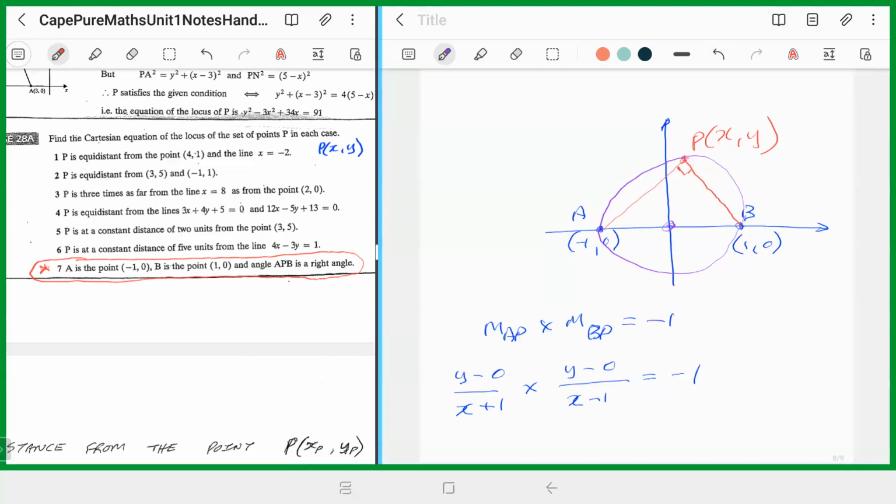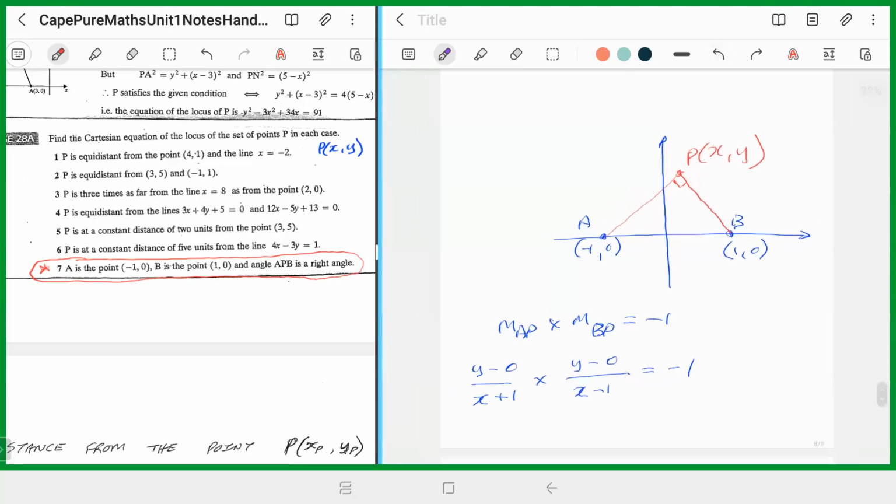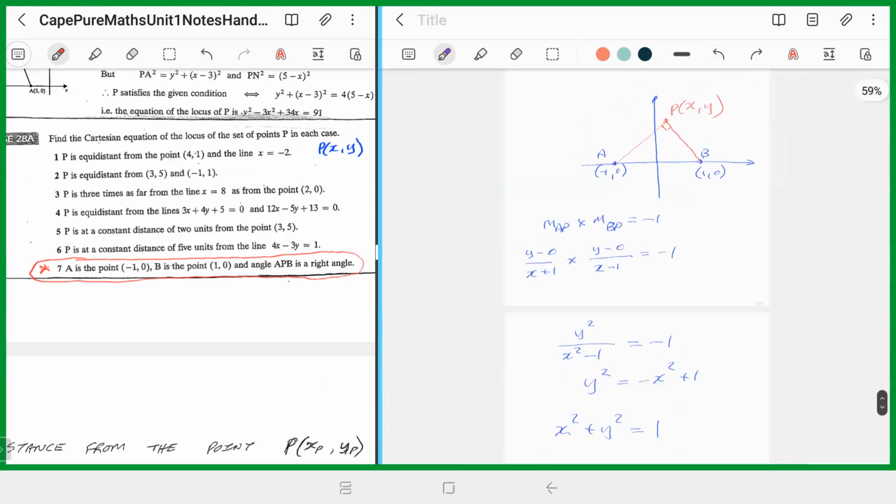Center is the origin and the radius is 1. This is also 1. That's it. Any questions on that? Loci.